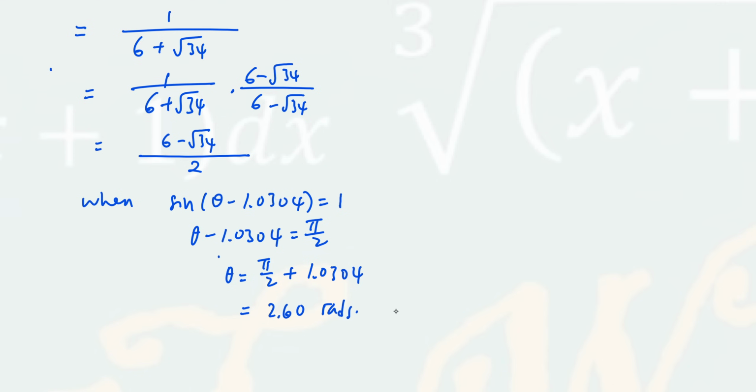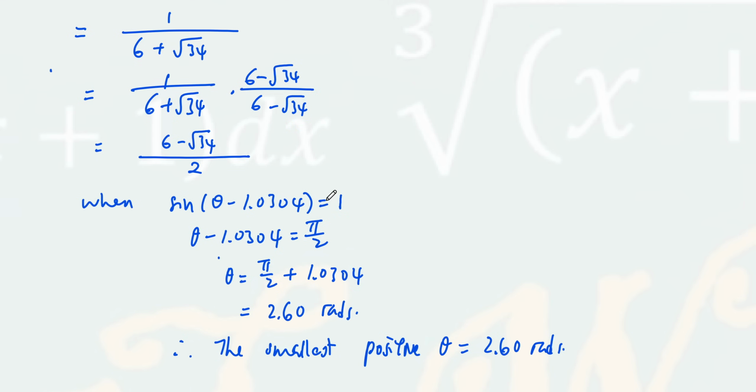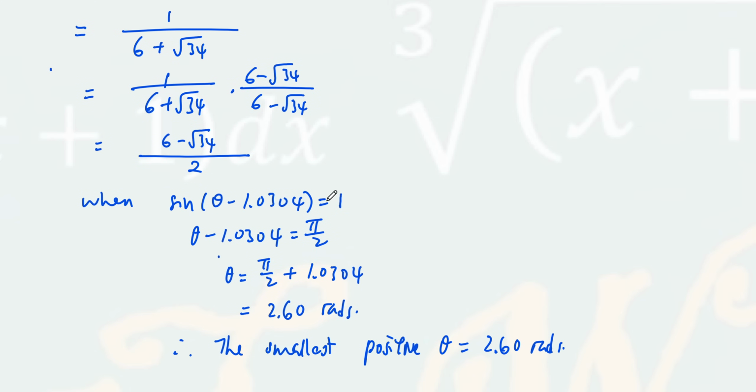That means here I will just consider one value. Therefore, my smallest positive theta is going to be 2.60 radians, for the least value. Okay, so done for part A.